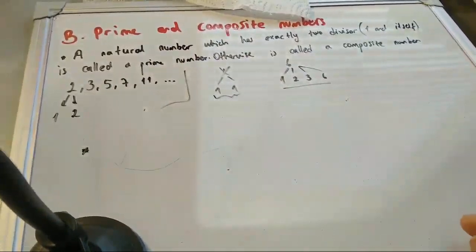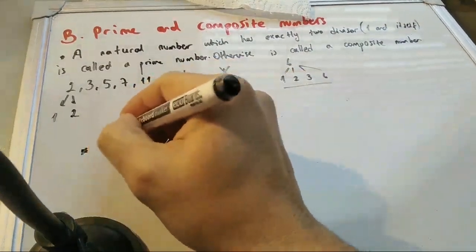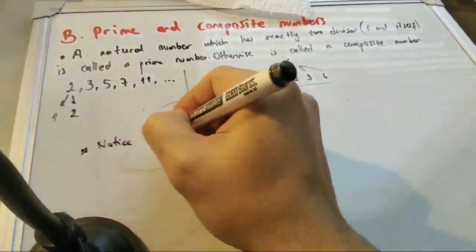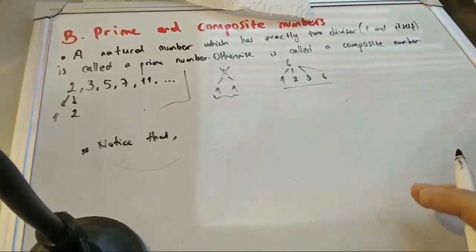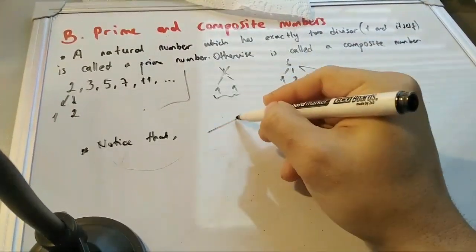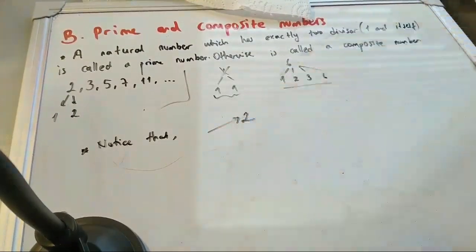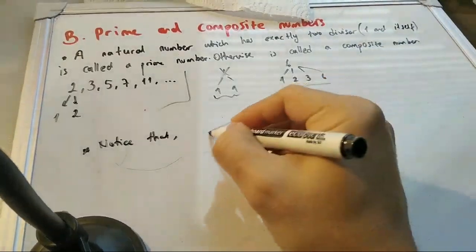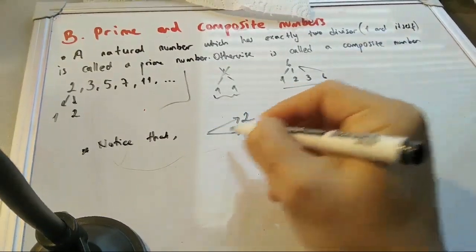And for the prime numbers, notice that the smallest prime number is 2. After that comes 3.